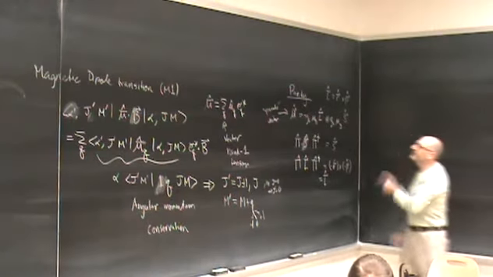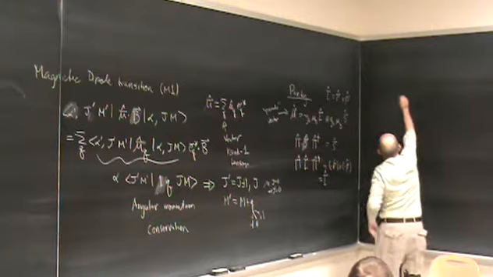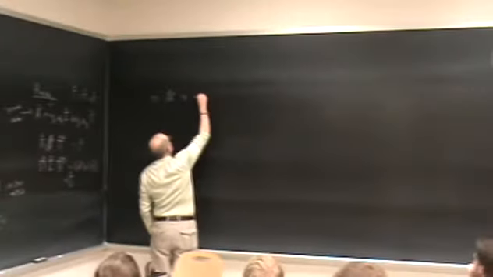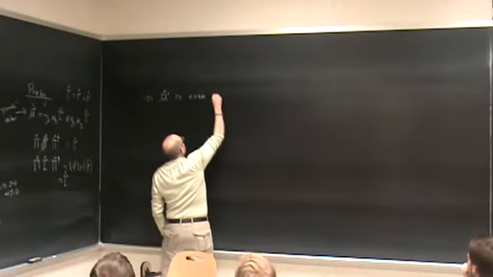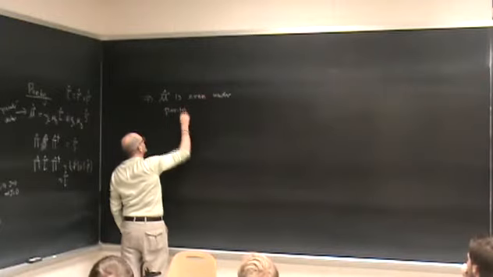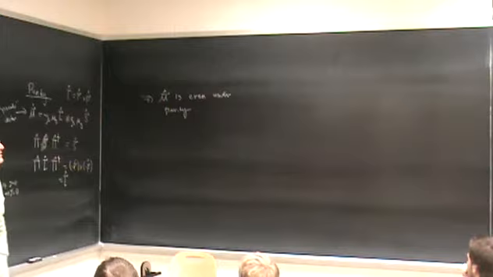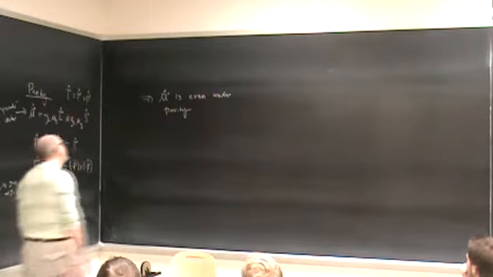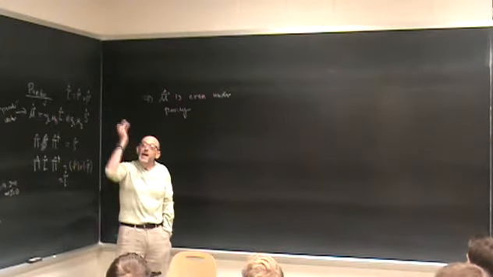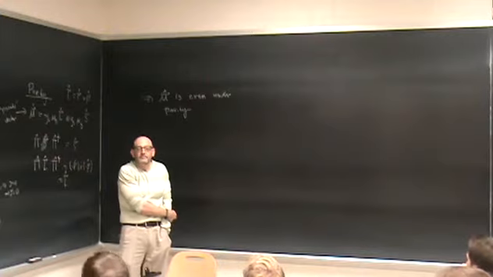So what we see here is that mu is even under parity, as opposed to the electric dipole operator, which was odd. So what does that mean about any of the selection rules that we had over there? It changes for L prime.